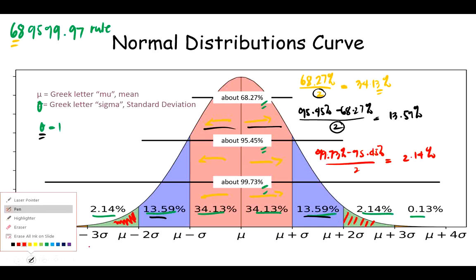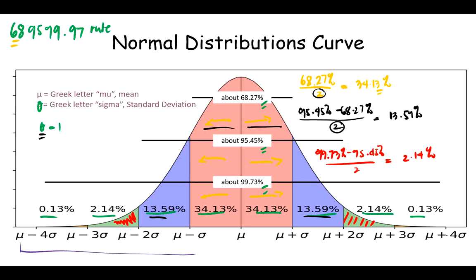At para naman makuha natin si 0.13%, according to the properties, alam natin na from here to here, alam natin that the sum should be 100% or 1. Okay? So, para makuha natin si 0.13, we have to subtract 99.73% to 100. Then divide them by 2. And you will get 0.13%.